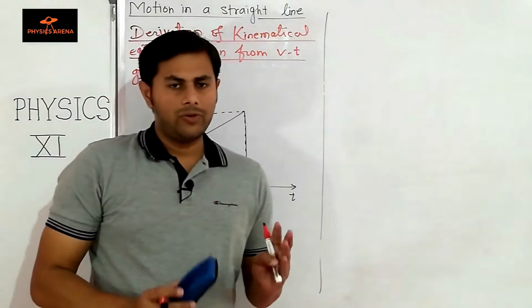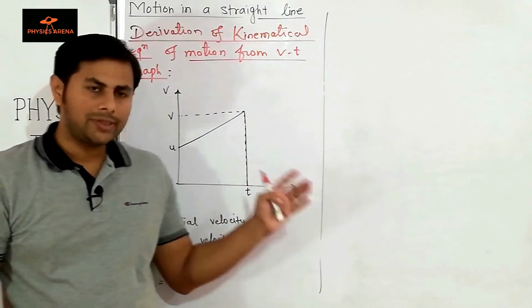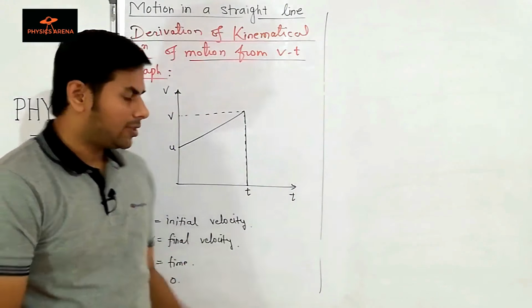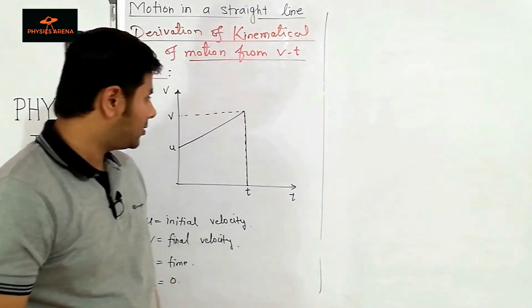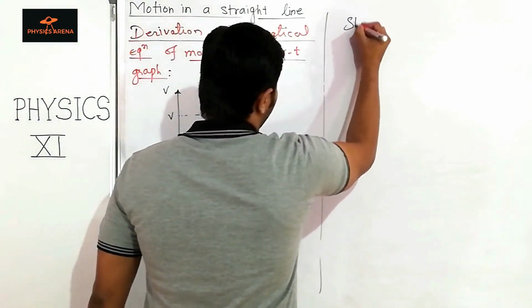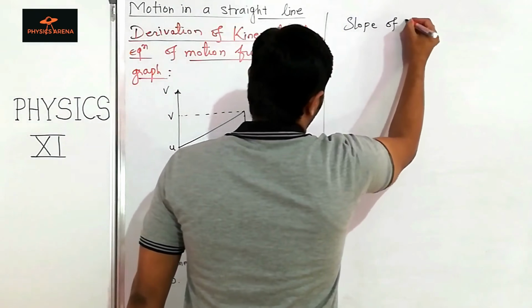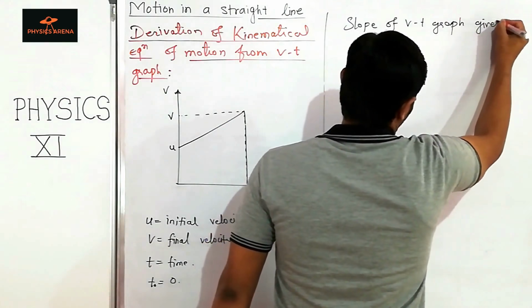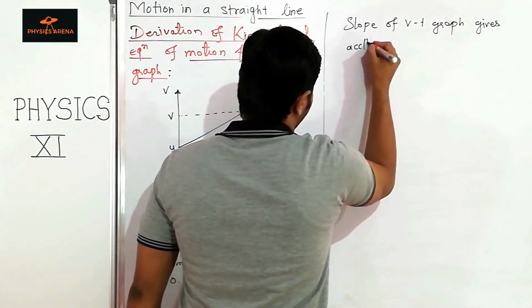Now we know that the slope of this velocity versus time graph gives us acceleration. So we can derive our first kinematical equation of motion. We know that the slope of the v versus t graph gives acceleration.